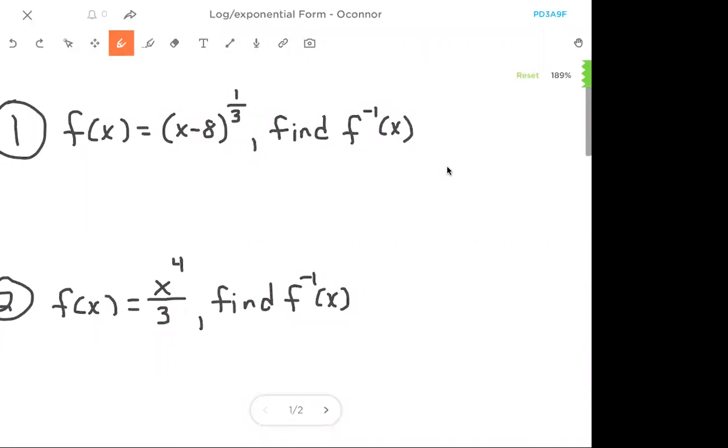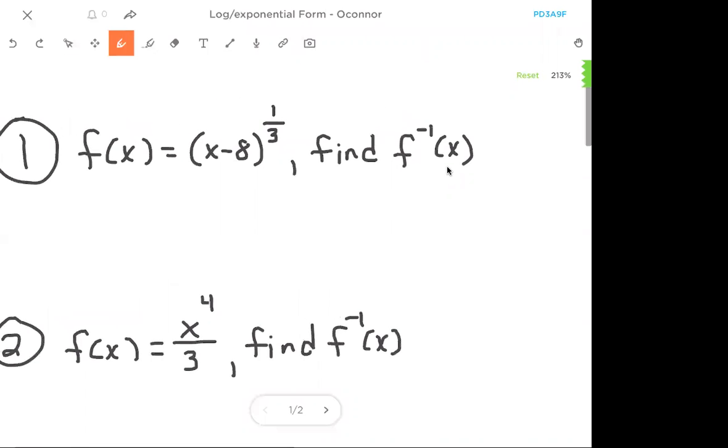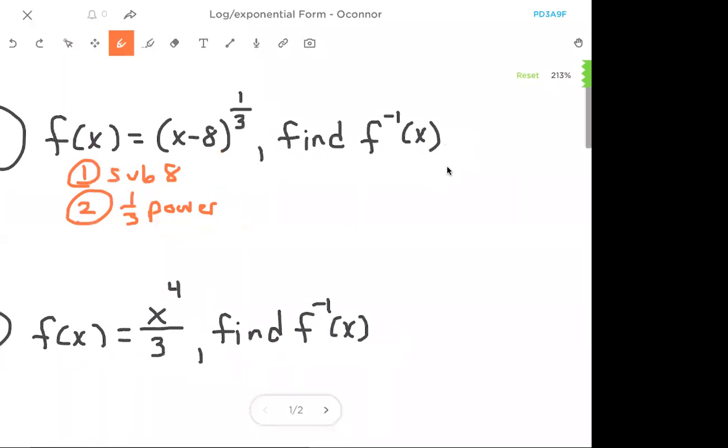So for the first one, we're trying to find the inverse. If I were to plug a number into here, I first would subtract 8 and then to the 1/3 power. Okay, so for the inverse then, the first thing I have to do is undo this one.